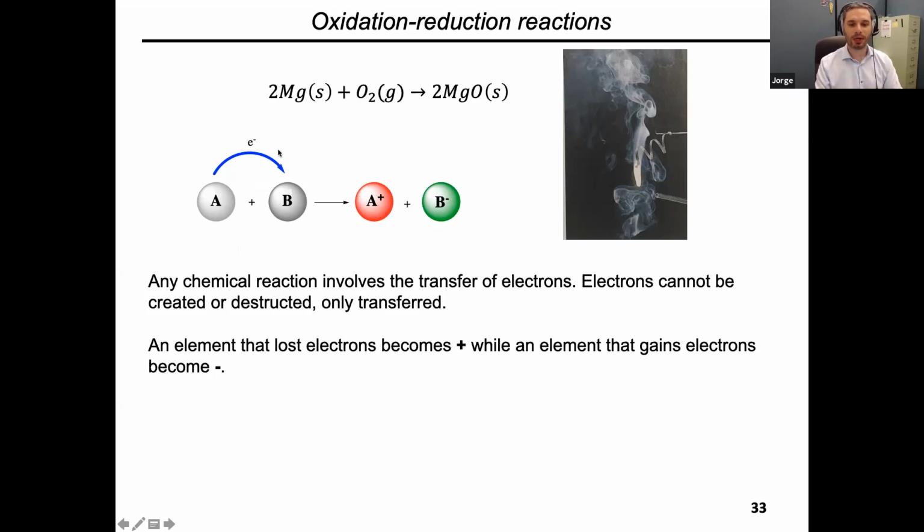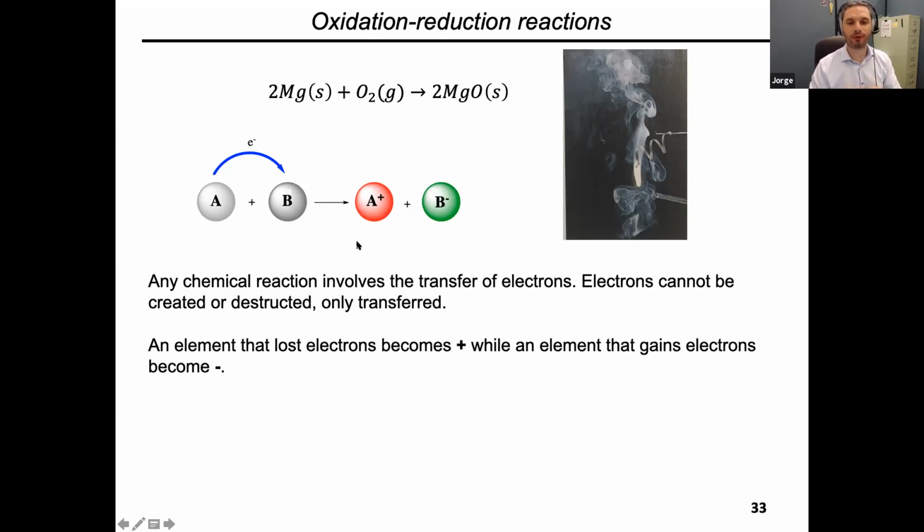Any chemical reaction involves the transfer of electrons. Electrons cannot be created or destroyed, only transferred. Attention with that. Any chemical reaction will involve an element losing electrons and another element gaining electrons.